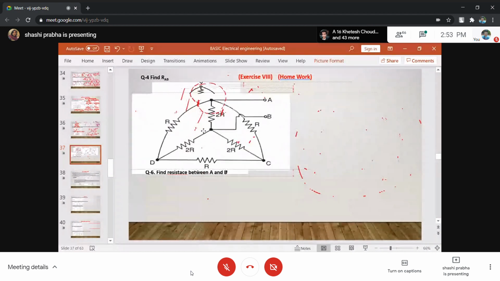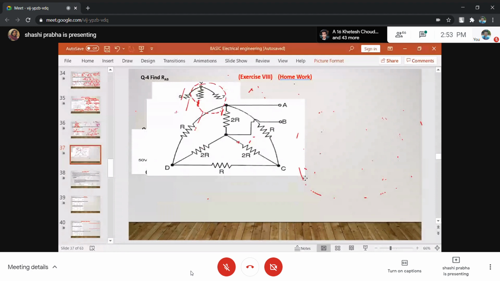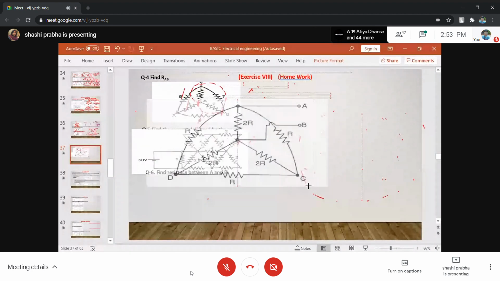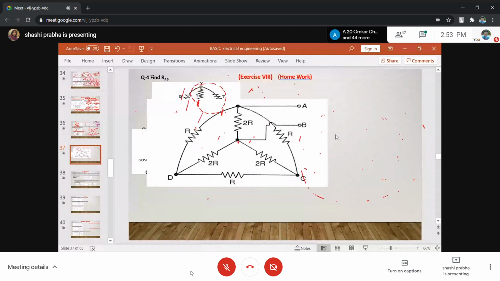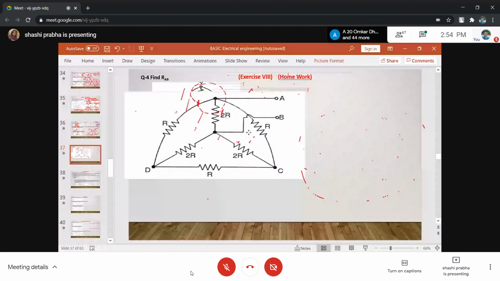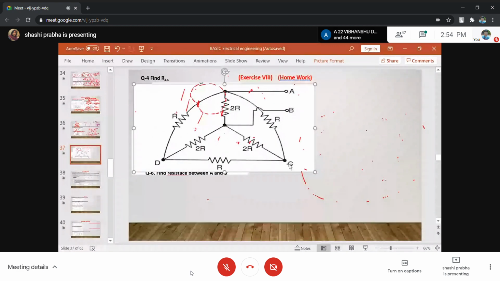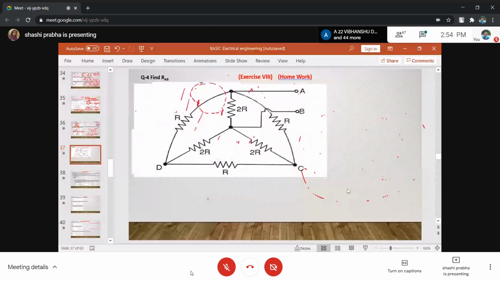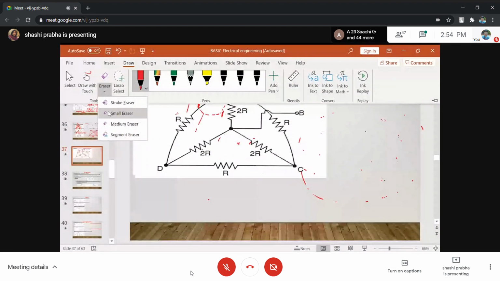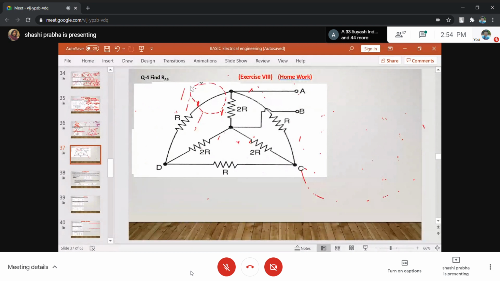Can you find the resistance between A and B? Again, this is only series and parallel. Some series parallel and last में एक आ जाएगा star delta.